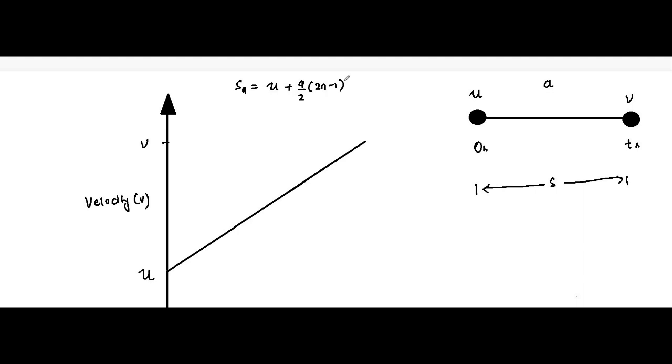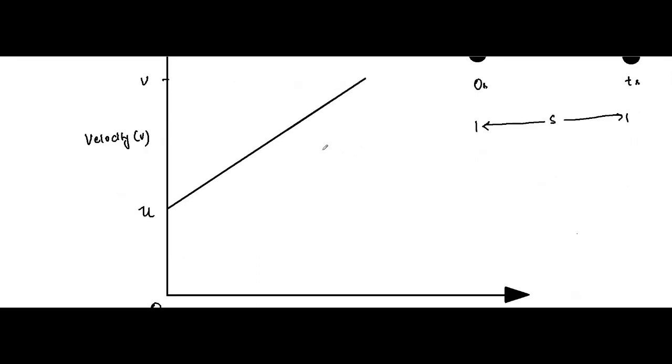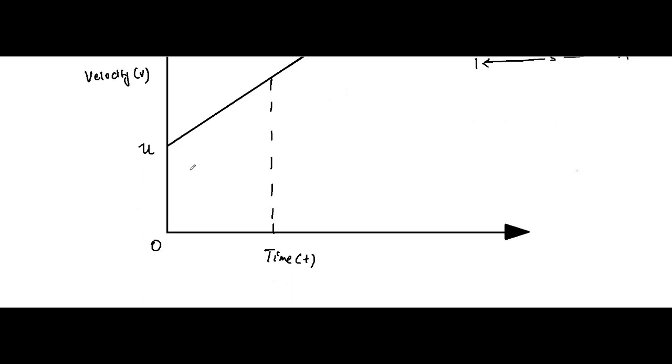Using the graphical method. Basically we know the nth second displacement is the difference between the displacement during n seconds minus the displacement during n-1 seconds. So here we have to pick two points on the time axis. Let's say this one, I will take this one a little bit below.